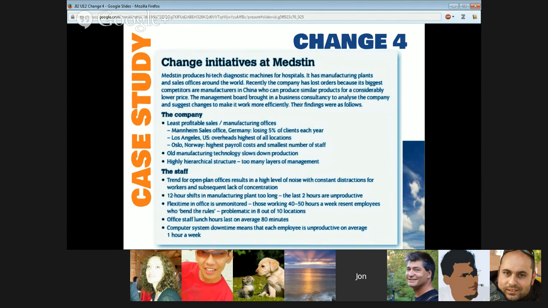Probably they are making physically the machines. No, not necessarily. For payroll costs? For payroll, you got the right idea.